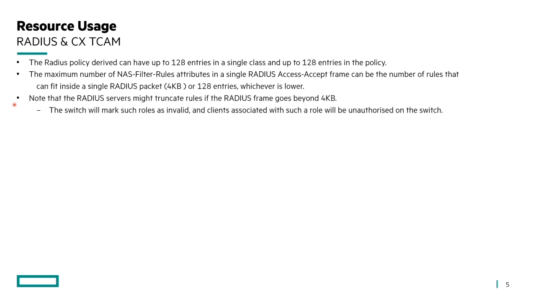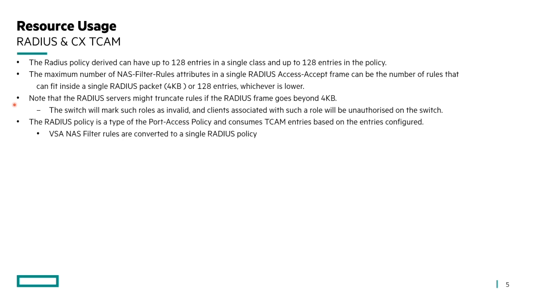And note that the RADIUS servers might truncate rules if the RADIUS frame goes beyond 4 KB. So the switch will mark such rules as invalid, and clients associated with such a role will be unauthorized on the switch. The RADIUS policy is a type of port access policy and consumes TCAM entries based on the entries configured.